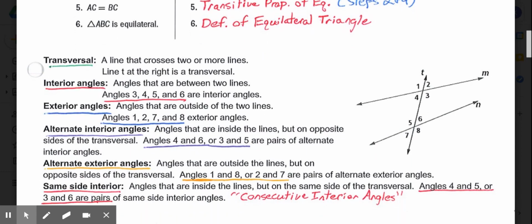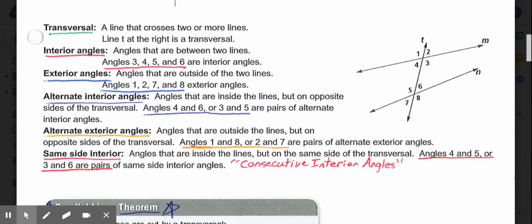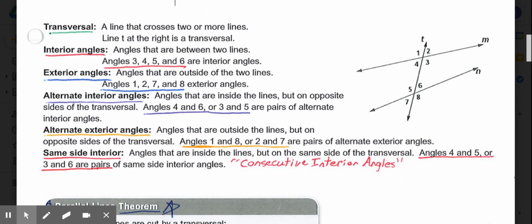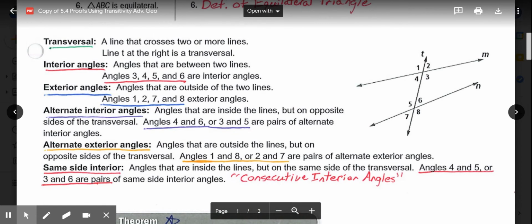Now we're going to go back and establish some vocabulary that we'll be using within these proofs. One vocabulary term is a transversal. A transversal is a line that crosses two or more lines.